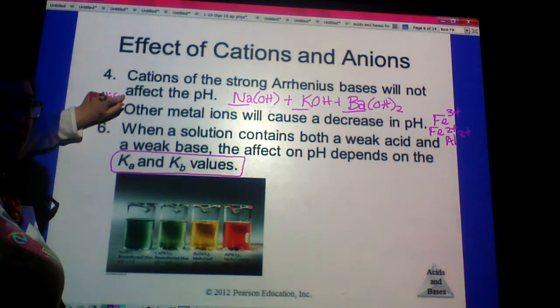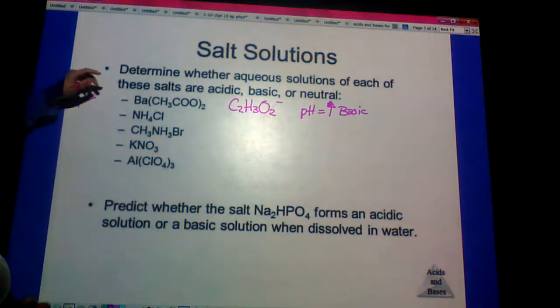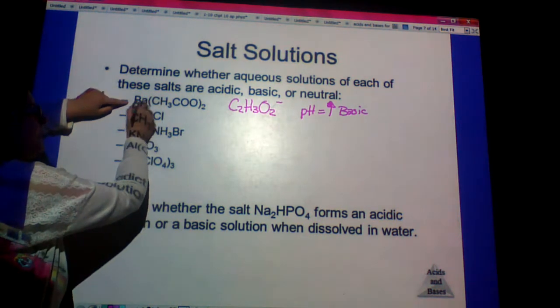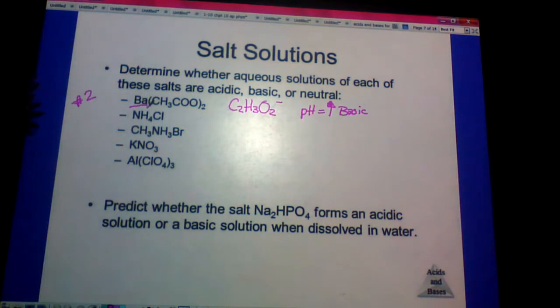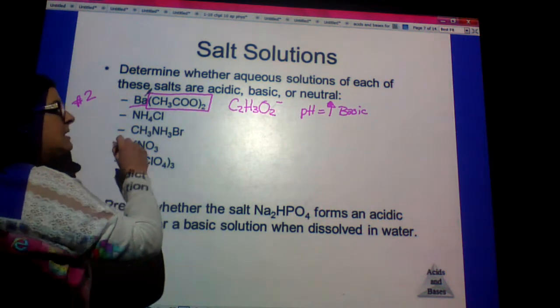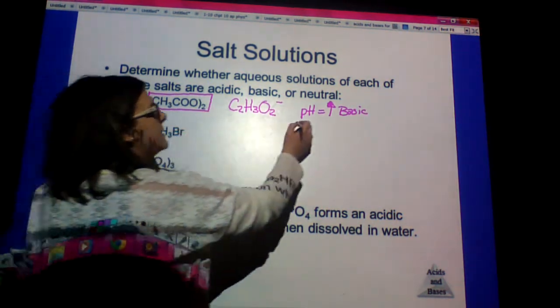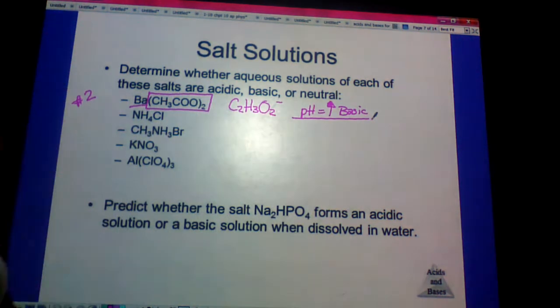Barium hydroxide is a strong base, and barium is its cation, so barium will have a negligible effect on the pH. The only thing in play here is acetate, so ultimately this solution, barium acetate, is going to increase the pH, making it basic.